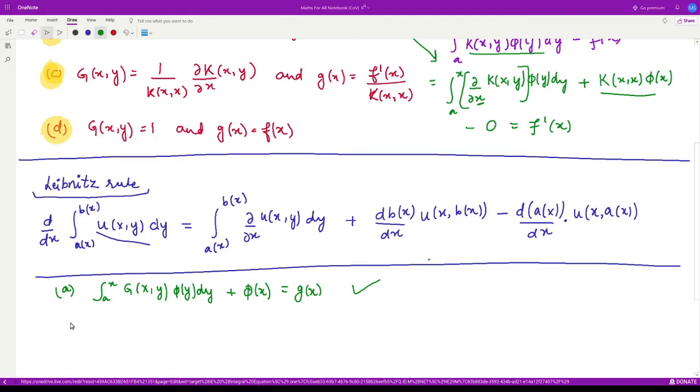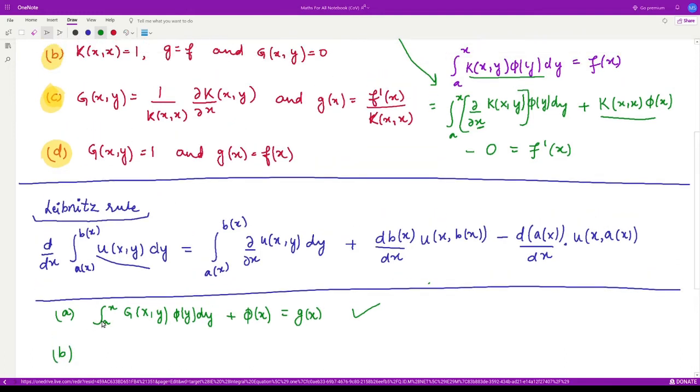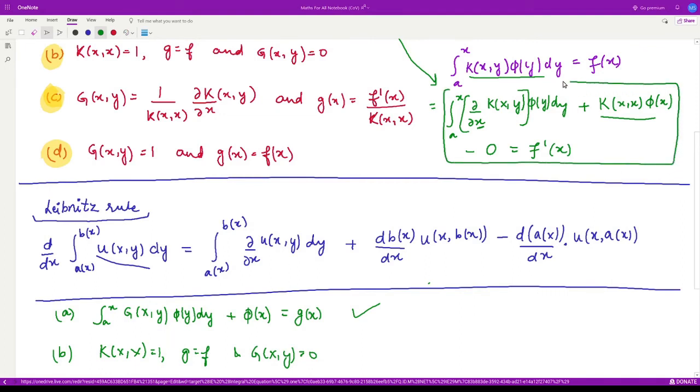Let us look at the second option. In the second option they are saying k(x,x) is 1, g is equal to f, and g(x,y) is equal to 0. So just substitute these values in this equation and see what we obtain.